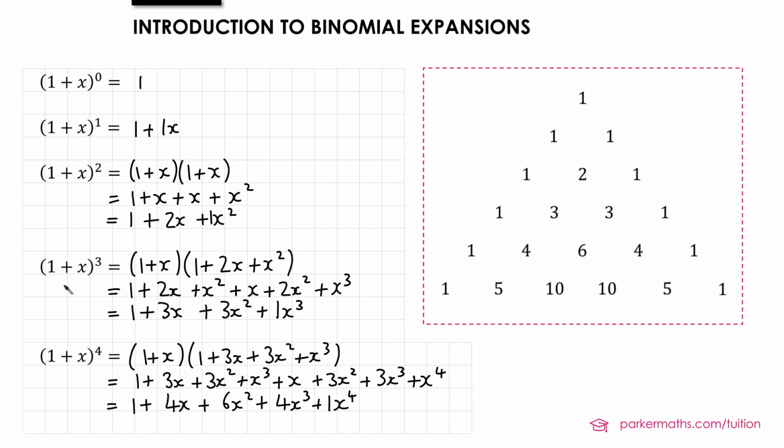Then we expanded 1 plus x cubed. Once again, there's only one way of getting a constant with the 1 times 1, and there's only one way of getting the cubic term using x squared times x. But when we consider the other terms, for example the 3x here, we get that by doing x times 1 and 1 times 2x.